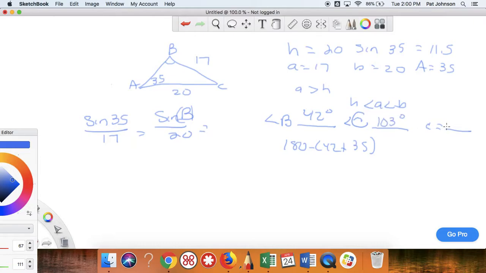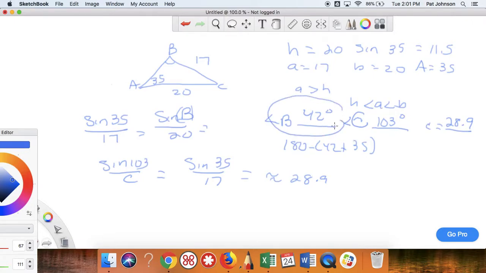Now to find little c, we take sine of 103 divided by c equals sine of A, which is 35, over 17. We always use what's given. Then we cross multiply and we get approximately 28.9 units. It's not degrees, these two are angles. So that's case 1, when B is acute.